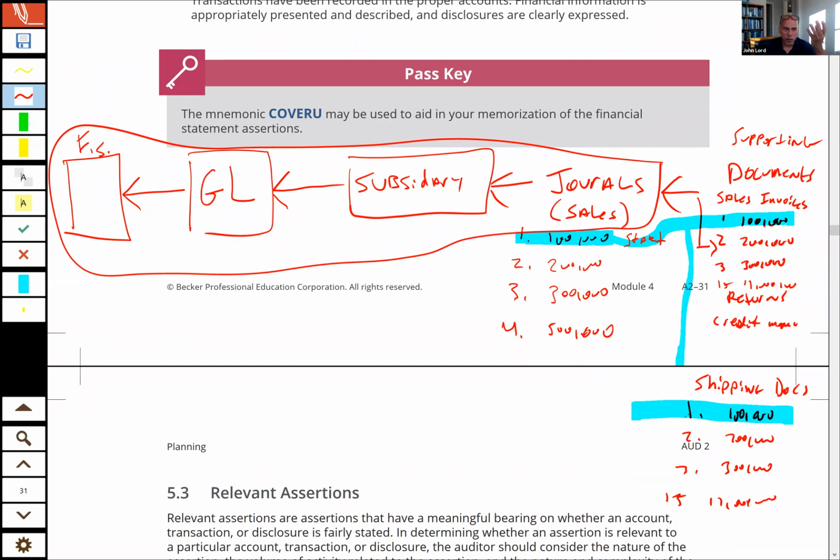You do different procedures for different assertions. So assuming I'm not worried about the cutoff assertion right now, then what assertion do you think this is? Existence and accuracy, maybe? Well, accuracy is not necessarily an assertion, but existence for sure.